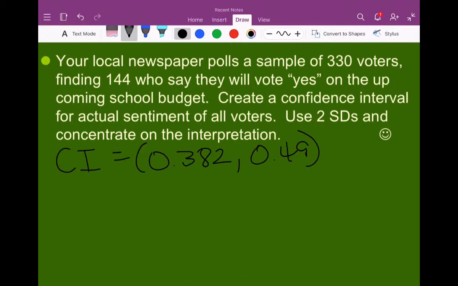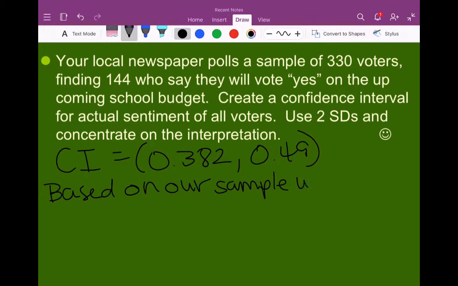The way we would interpret this is by saying, based on our sample, because remember this is only based on our sample. If we were to base this on a different sample, we would get a different confidence interval.